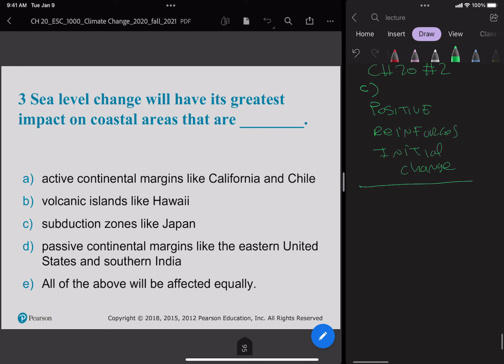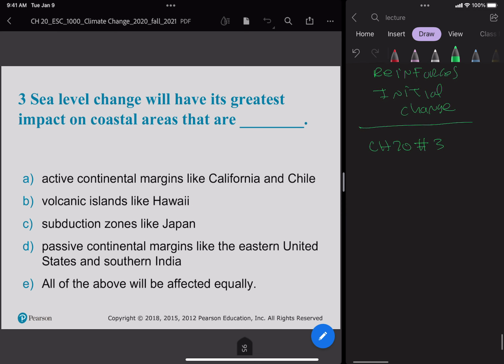Okay, next question. Chapter 20, number 3. Sea level change will have its greatest impact on coastal areas that are, well, which coastal areas are those going to be?